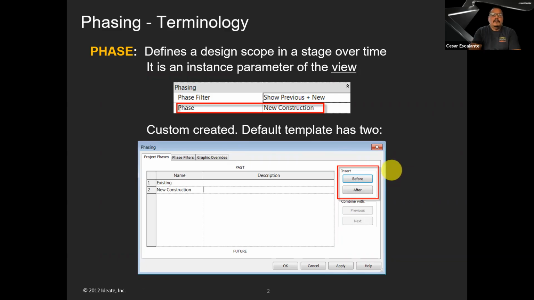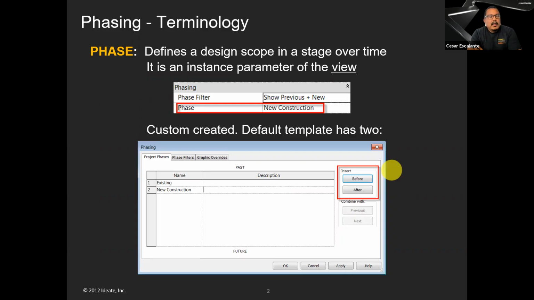Phasing in Revit defines design scope staged over time. Phasing is a strategy that BIM managers, teams, or project managers suggest as a result of a scope of work that is driven by a contract.